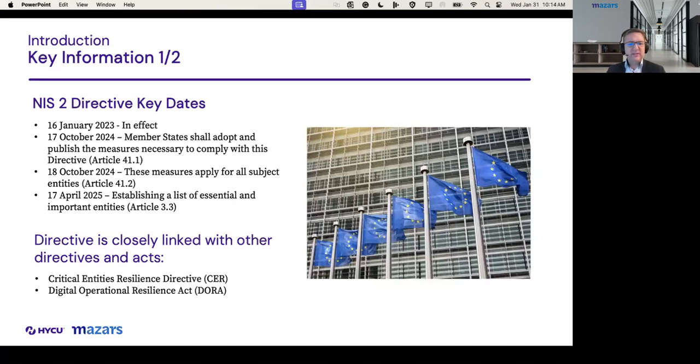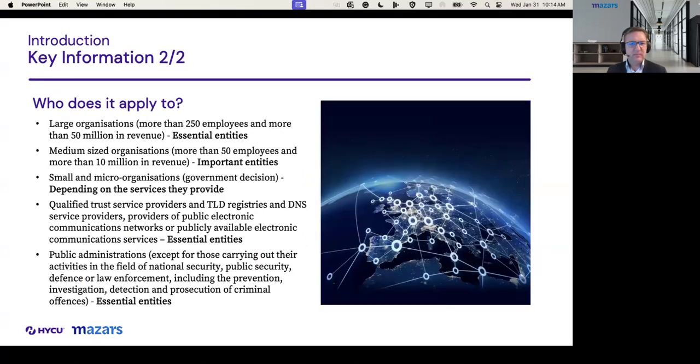But the two that are really closely connected, because they cover kind of the same topics, are the Critical Entities Resilience Directive, called CER, and the Digital Operational Resilience Act, DORA, which is going to be applicable for the financial industry specifically. Now, I have a little segment on aligning that at the end, so I'm going to move forward and then continue with this information a little later.